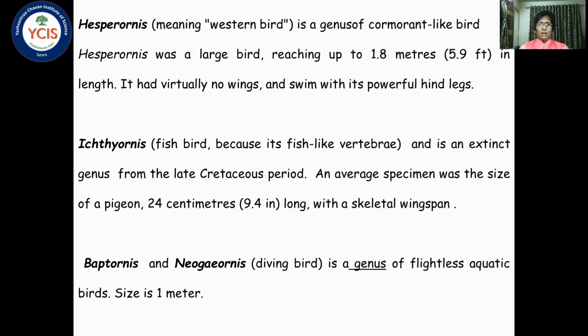Then the second example, Ichthyornis, is called a fish bird, and it is named so as fish-like vertebrae are present in the body of that bird, and it is an extinct genus from the late Cretaceous period.